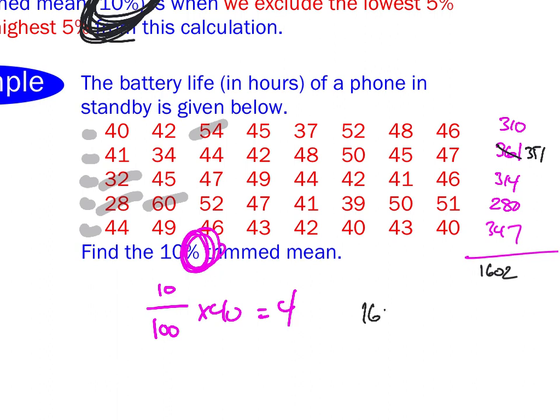So we're going to take 1602, and we started with 40 numbers, but we got rid of 4 of them. If we got rid of 4, how many are left? 36. Very good. So we're going to take 1602, divide it by 36, and we're going to get 44.5. That's the trimmed mean.